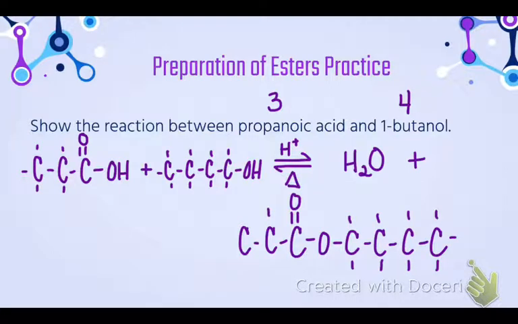And I'll put all my little bonds to hydrogen there. And if we were to name this structure, we have 4-carbon alcohol, so that would be butyl. And we have a 3-carbon propanoic acid that now becomes propanoate. And we have butyl propanoate as our product.